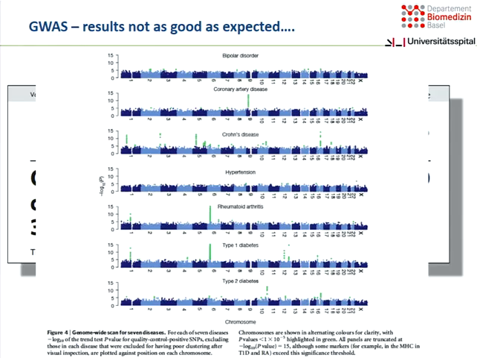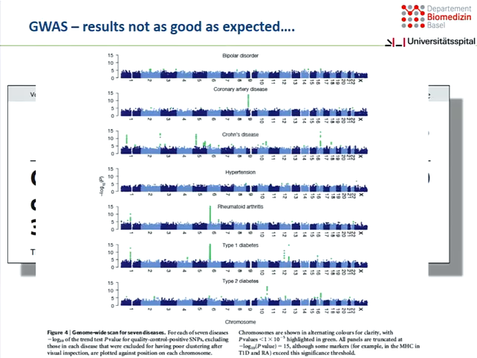And rheumatoid arthritis, type 1 diabetes, there were a few hits, type 2 diabetes as well. But overall, it was the first example of GWAS in different complex diseases, but it was sort of disappointing because people had expected we're going to find a lot of variation that contributes to these phenotypes, and there were not many actually.